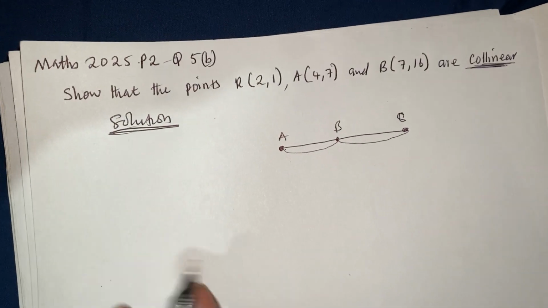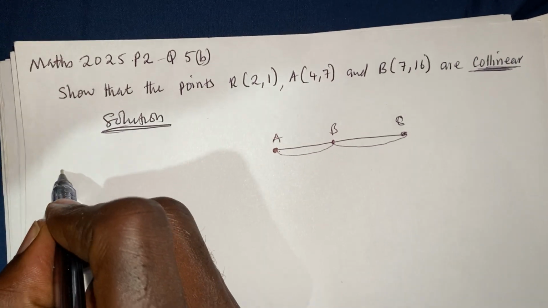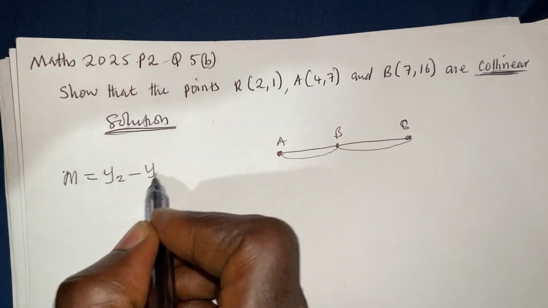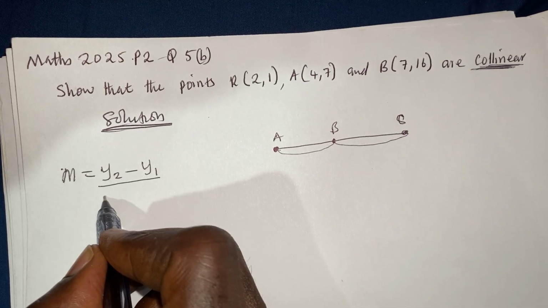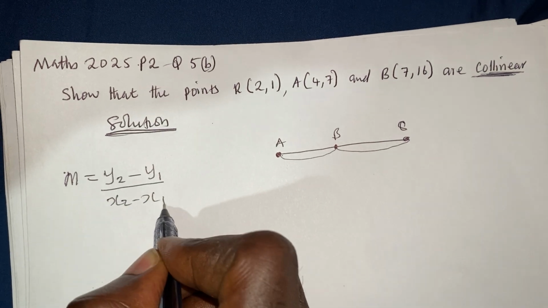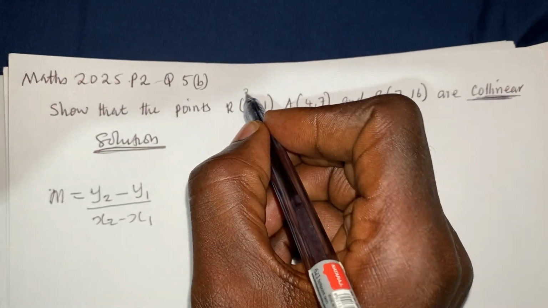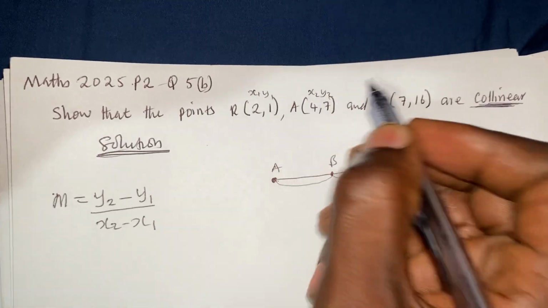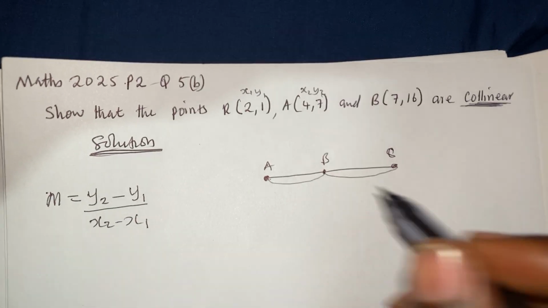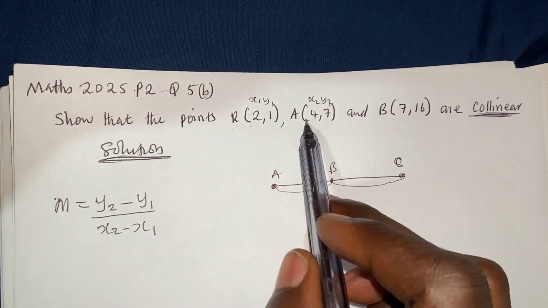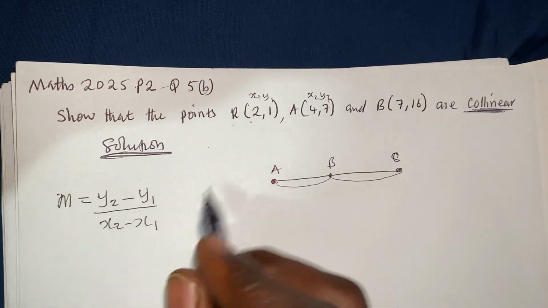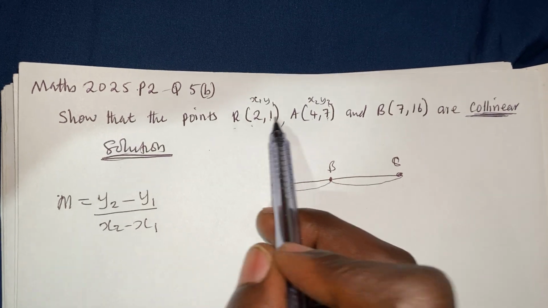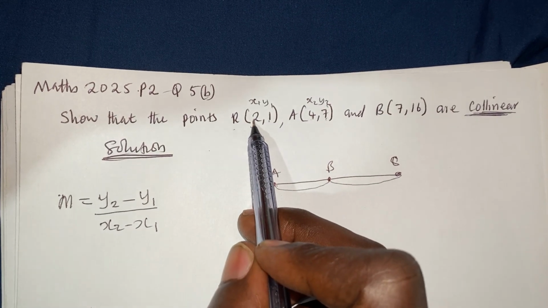So now, here you're supposed to know the formula for gradient, which is m is equal to y2 minus y1 over x2 minus x1. Now, let's call this one x1, y1, then this one x2, y2. So let's find the gradient between these 2 points, which is RA. So meaning our y2 here is 7, and our y1 is 1, our x2 is 4, x1 is 2.